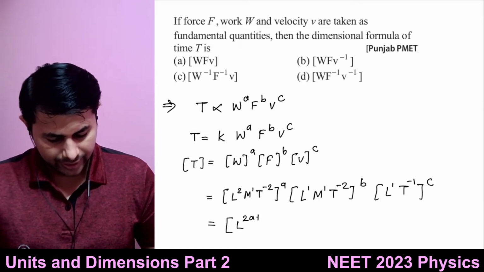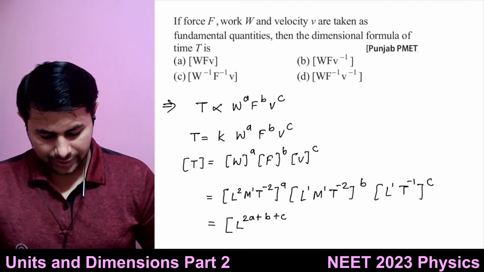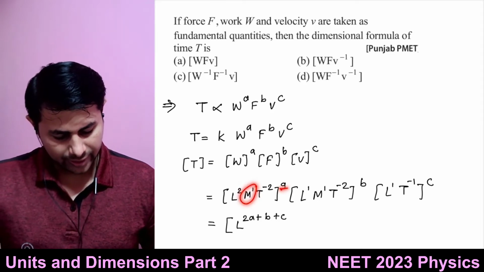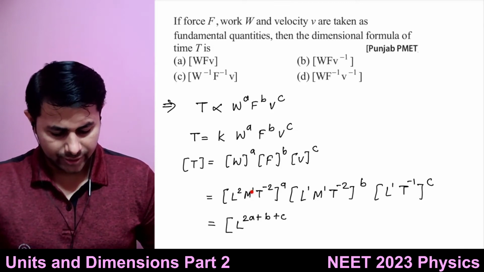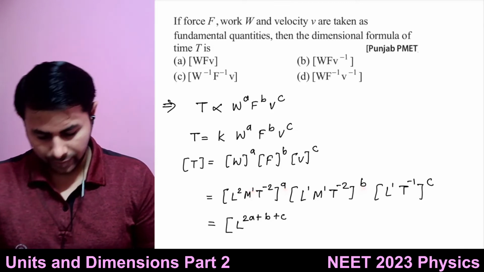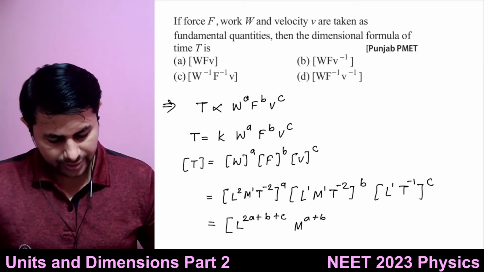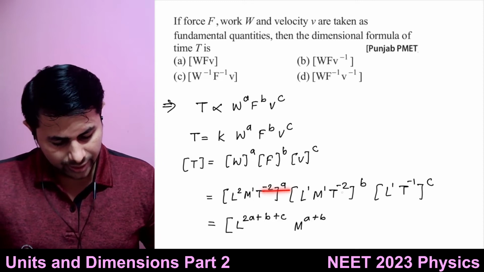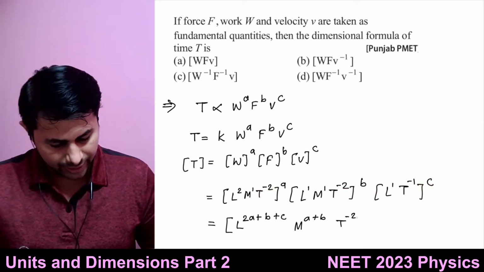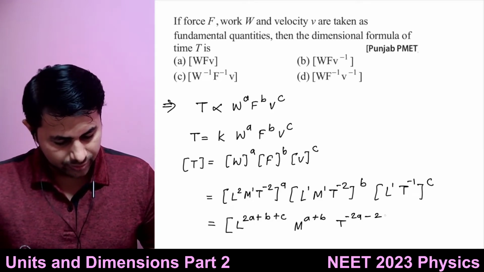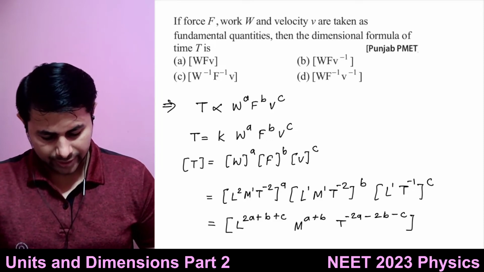Then I have M raised to 1A, 1B, so M raised to A plus B, and then T raised to minus 2A minus 2B minus C.